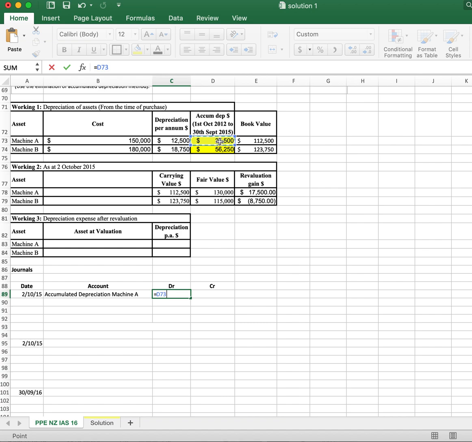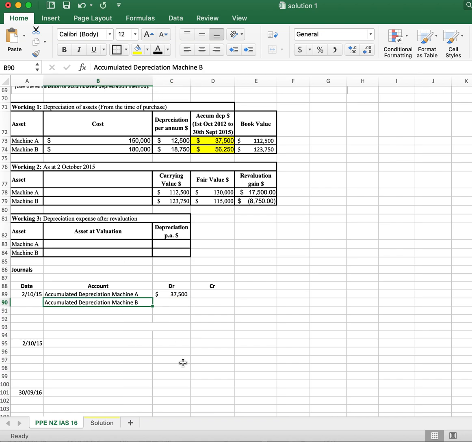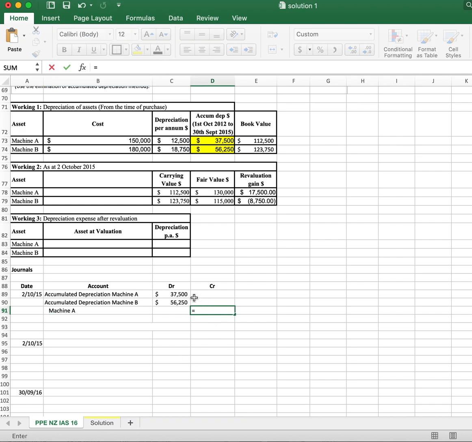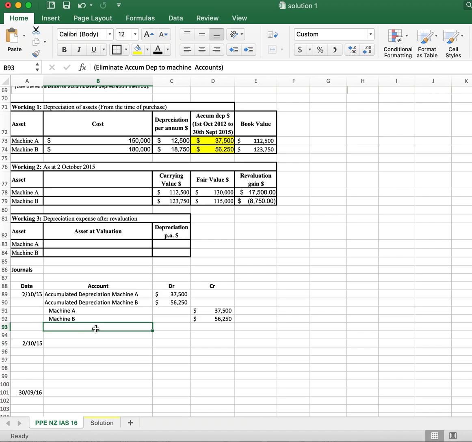Okay, accumulated depreciation account has a credit balance, so we need to debit it. Okay, the same goes for machine B. Okay, and where do we put those to? We put those back to the main asset account, right? So machine A and machine B. All right, so that's how we do that. Eliminate depreciation to machine accounts. Okay. So that's step one.